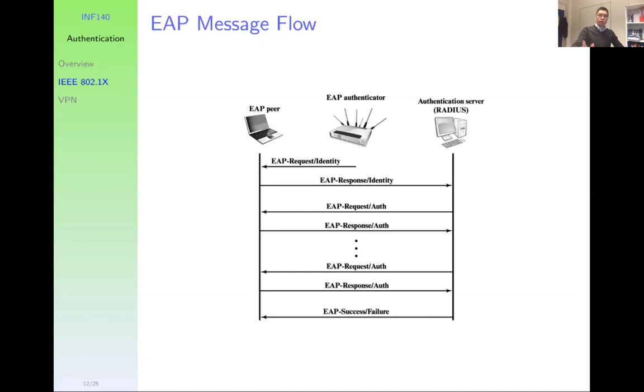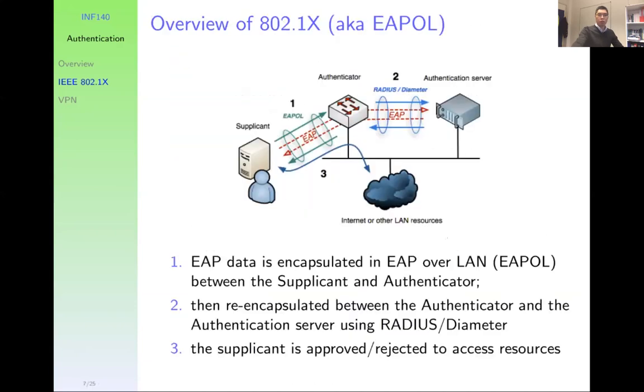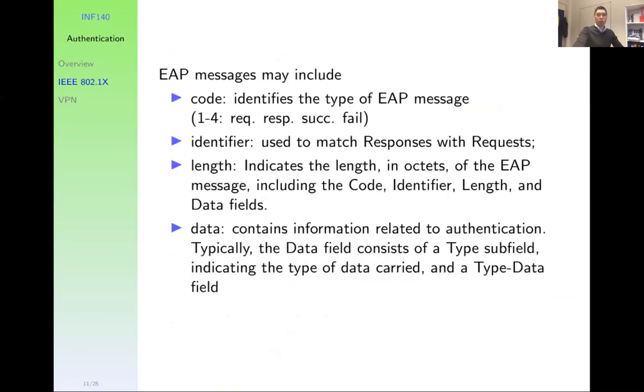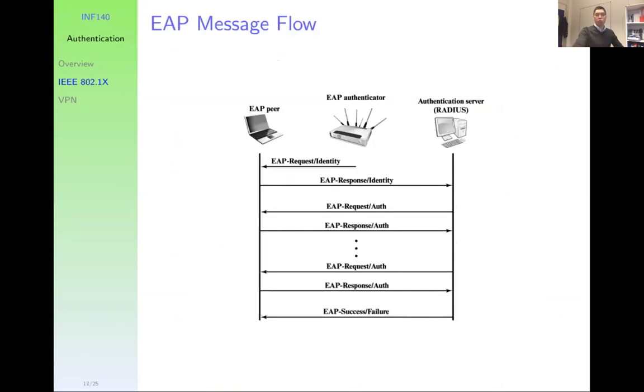You see a lot of similarities from here, the EAP message flow, and also the very beginning, this one. In fact, they are quite similar. Again, when the EAP peer asks for authentication, the authenticator will request the identity, then respond, and the authenticator does not authenticate this request.